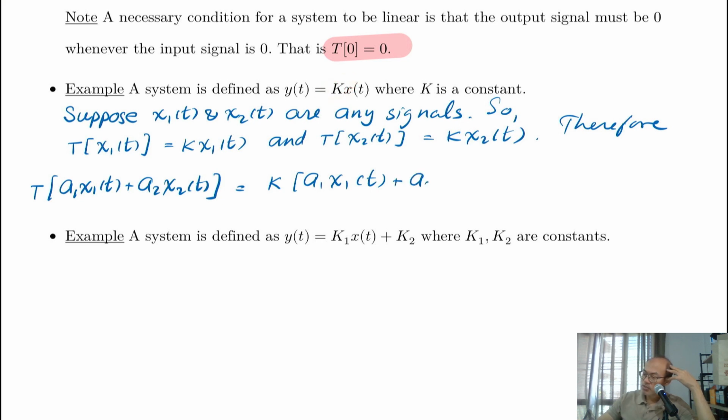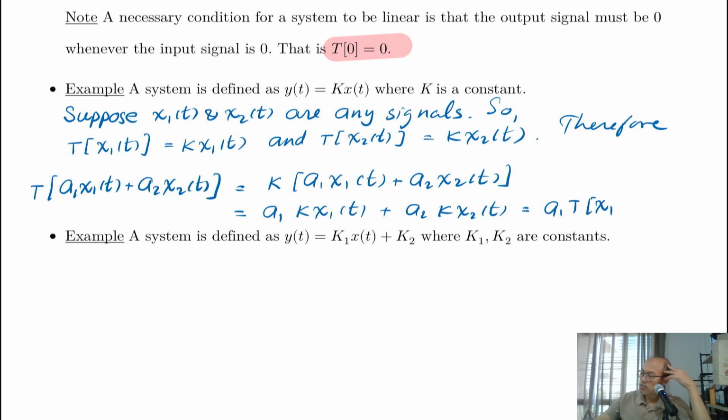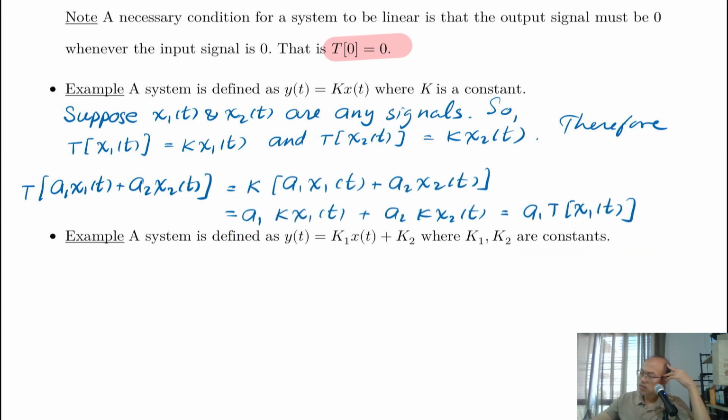And this is equal to a1 k x1 plus a2 k x2, but k x1 is T of x1 and k x2 is T of x2, so this is equal to a1 T of x1 plus a2 T of x2.